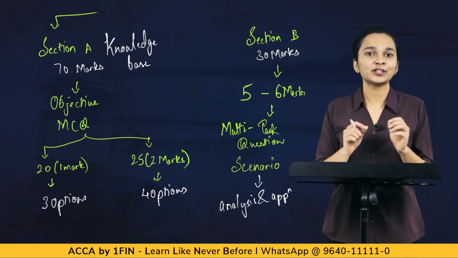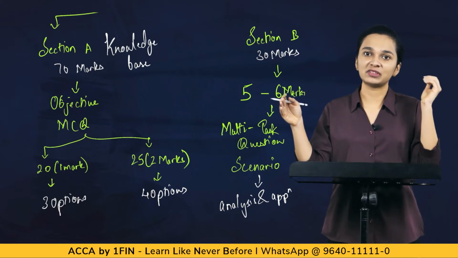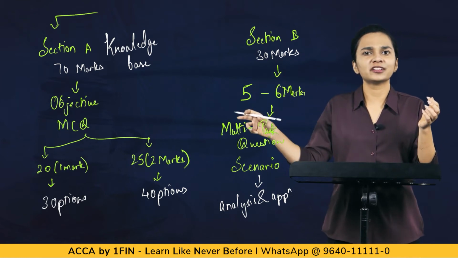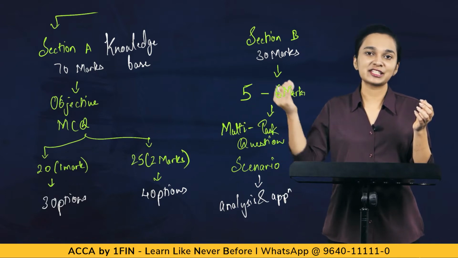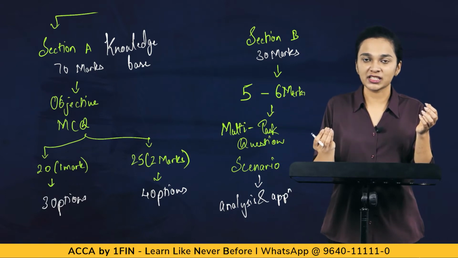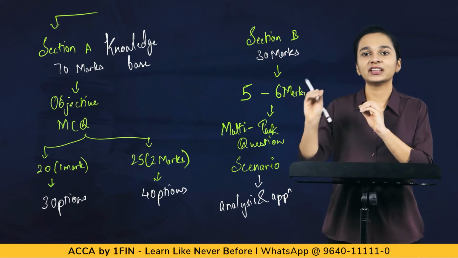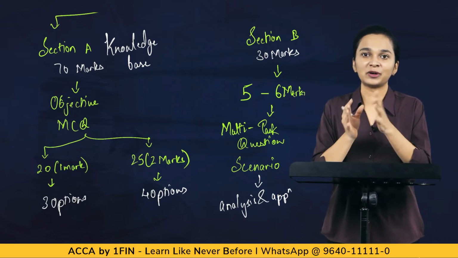So this was, all in all, the examination pattern. 2 sections, section A 70 marks, section B 30 marks. Section A of 70 marks is divided into 2 further parts: 20 questions of 1 mark and 25 questions of 2 marks each. All MCQs, all objective types, wherein all you will be tested upon is your knowledge about law.